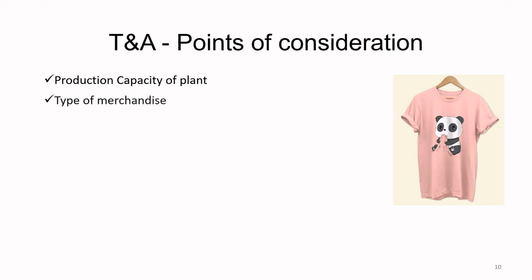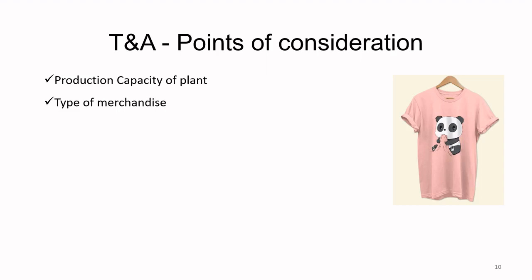Of course, what is the type of merchandise? If it's a basic t-shirt, it can be made faster. If it is a t-shirt with printing, it's going to take more time. If, let's say, the eyes of the baby panda are embroidered, it's going to take all the more time because the t-shirt has to be made, then it has to be printed, and then it has to be embroidered.